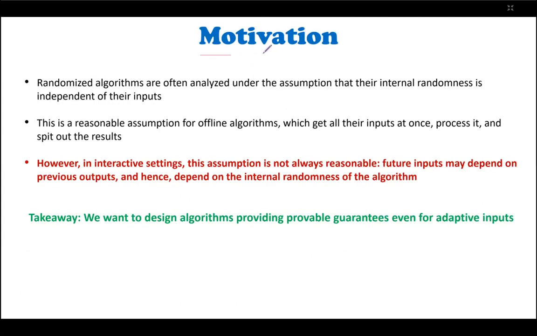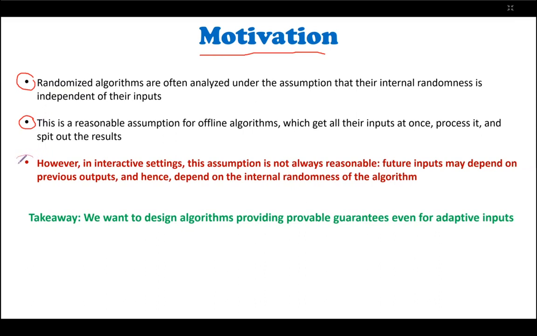Let me start with this motivation slide. So we all know that typically, when we design randomized algorithms, we assume that the internal randomness of our algorithm is independent of our input. And this is fine when we talk about offline or one-shot algorithms that get their input, compute whatever they want to compute, output it, and that's that.